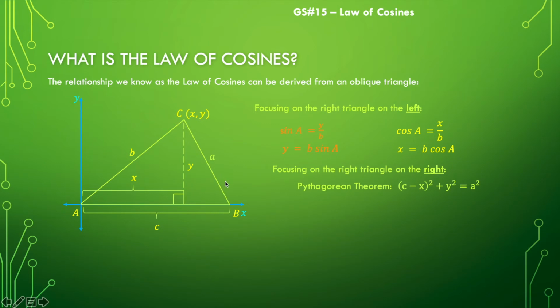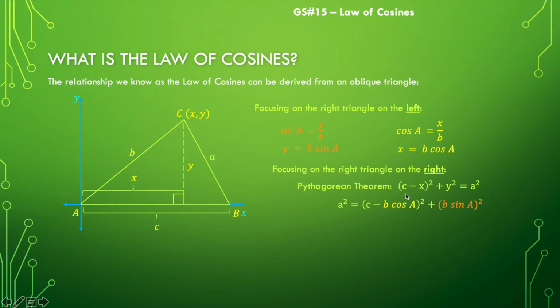All right, so now we're going to use some substitution and some algebra. Everywhere we see x in this formula, we're going to say that's equal to b cosine A. And where we see y in this formula, we're going to say that that is b sine A. All right, so we've replaced those things, and now we're going to use a little algebra and square both of these expressions.